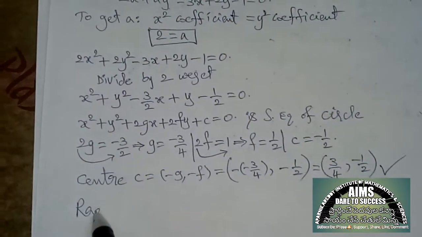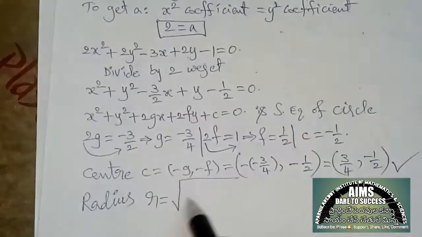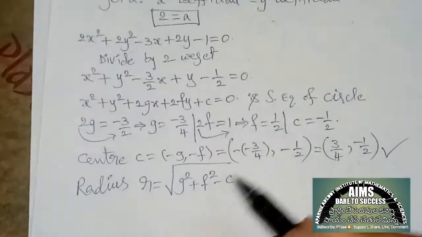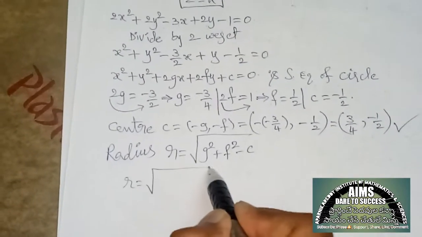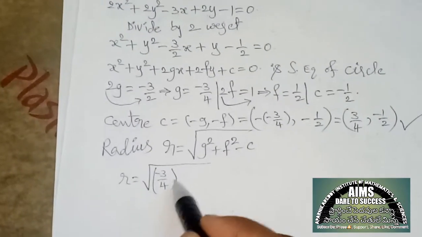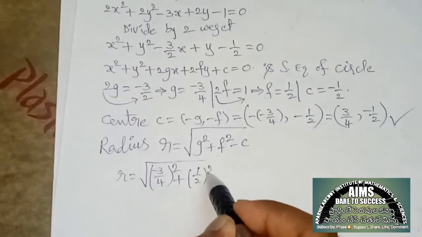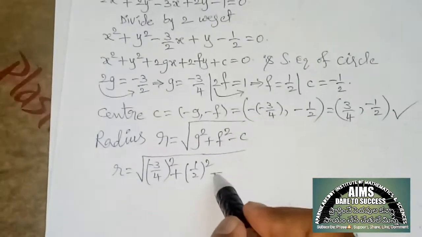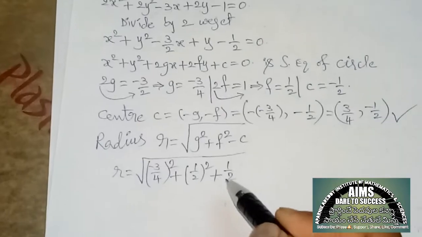Next, what shall we find? Radius. To get the radius, what is the formula? R is equal to under root of g square plus f square minus c. So R is equal to under root of g value minus 3 by 4 whole square plus f value 1 by 2 whole square, minus c value minus 1 by 2, which is minus of minus, plus 1 by 2.